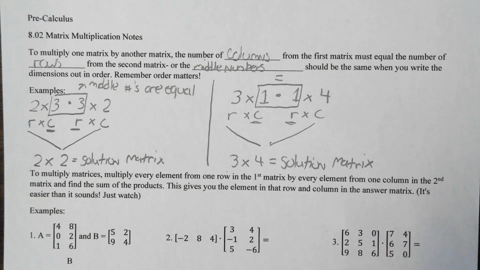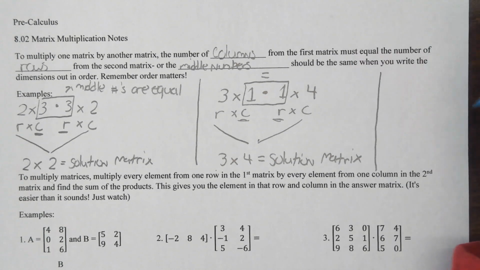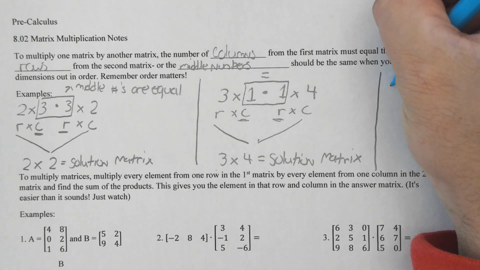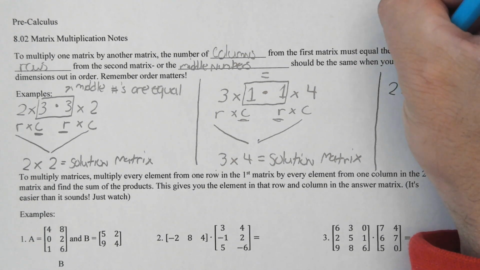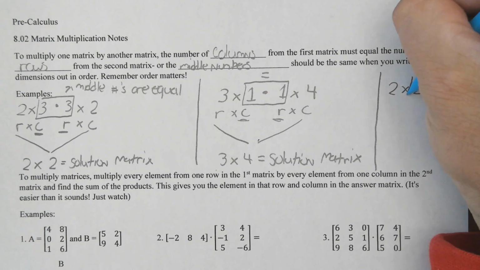All right. Any questions on that? So now, sorry, I know I'm running out of room here. What would happen with something like a 2 by 2 times a 4 by 1?